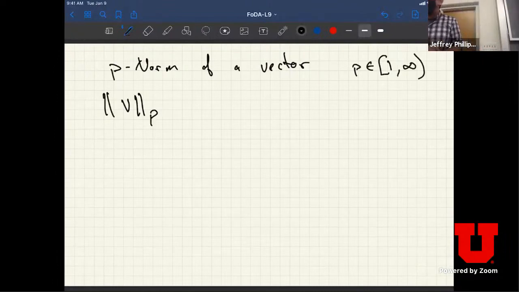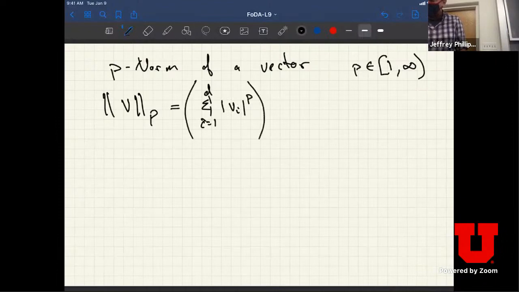Infinity will be a special case we'll deal with. This is defined as the sum from i equals 1 to D of the absolute value of Vi to the power P, and all of this to the pth root.